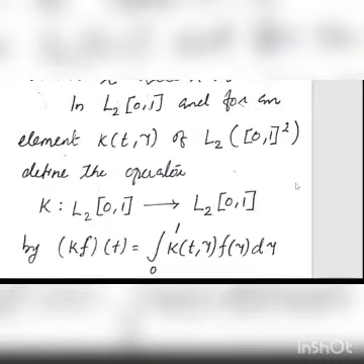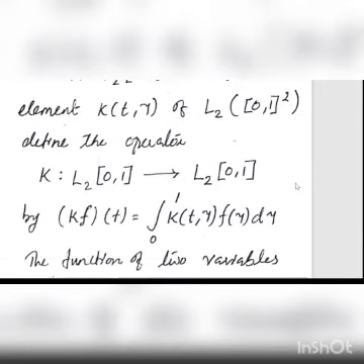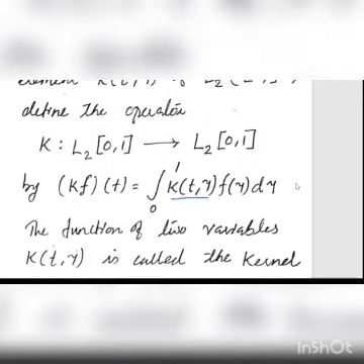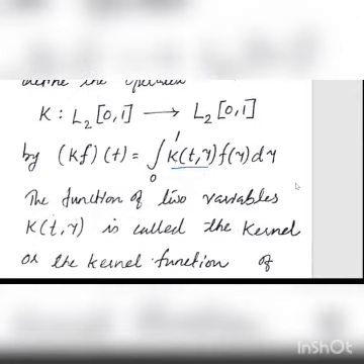Define the operator K from L2[0,1] to L2[0,1] by Kf(t) equal to the integral from 0 to 1 of k(t,tau) f(tau) d tau. Now this function k(t,tau), we will call the kernel or the kernel function.